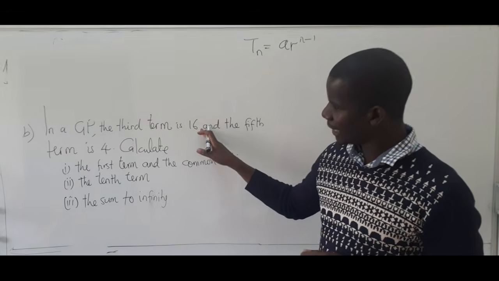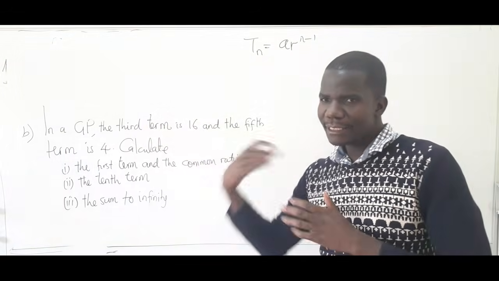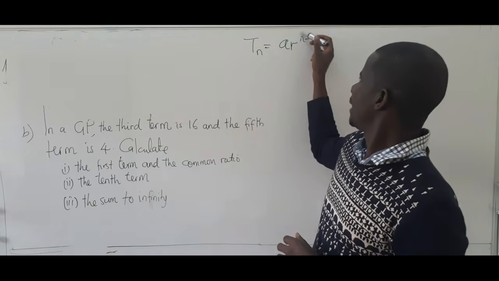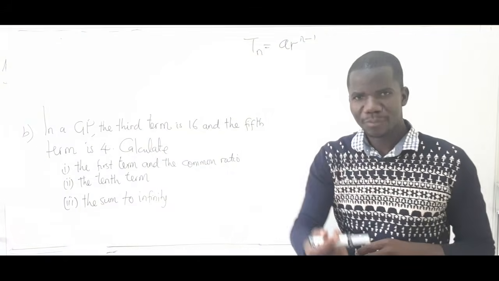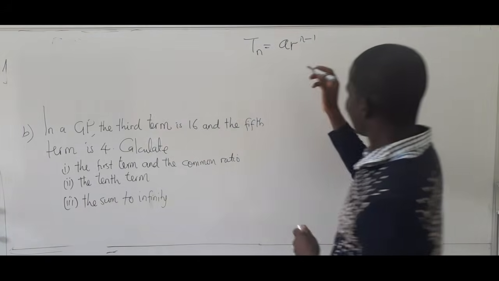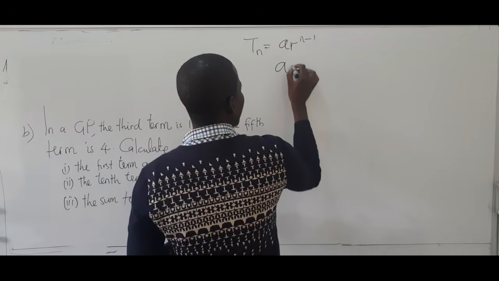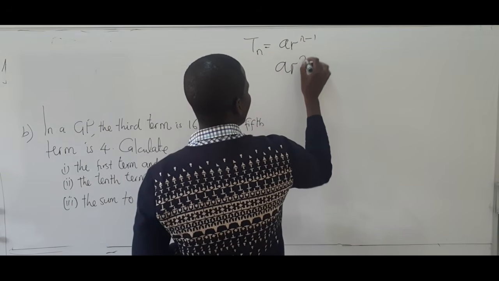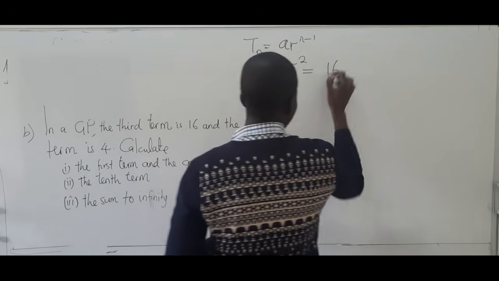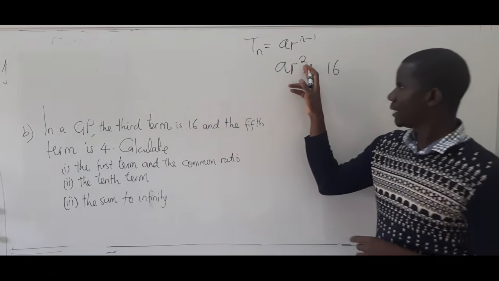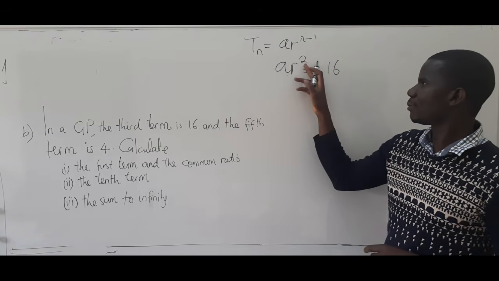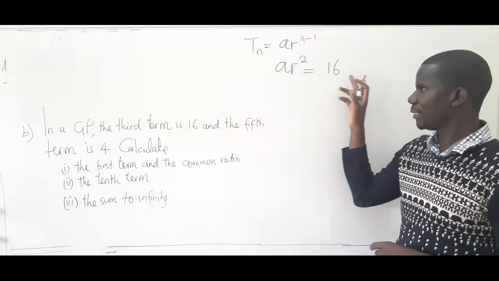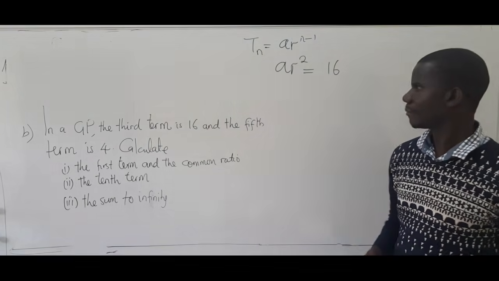So we have been given here that the third term is 16. So we are going to say ar squared equals 16. I hope you understand where this 2 is coming from. When we say 3 minus 1, that is going to give us 2. So this is the equation for the third term.